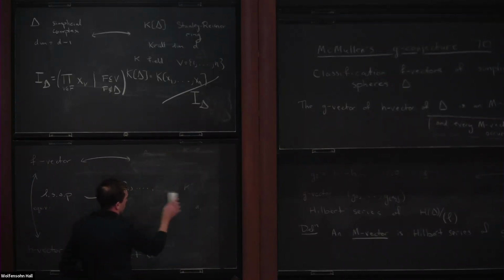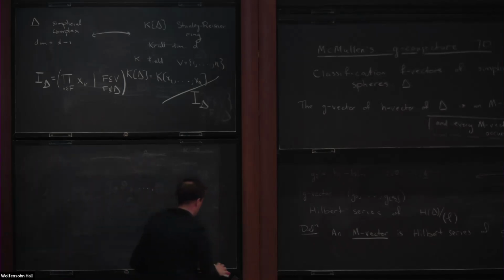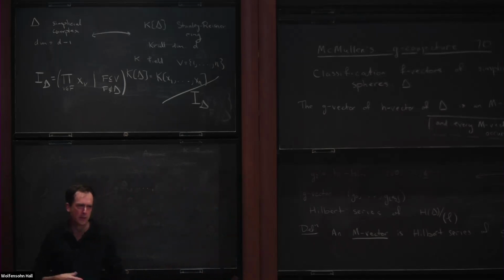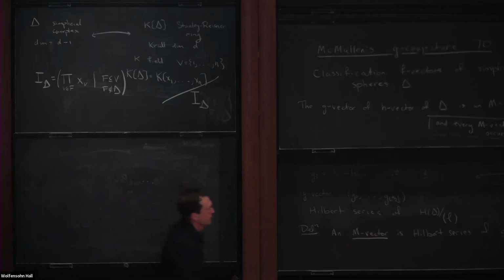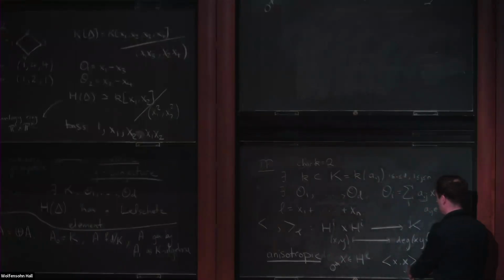The proof is that in this field K with all these elements Aij, you look at differential operators in characteristic 2 and you prove some identity. I'm not going to really explain it, but it comes down to proving that this guy is non-zero.